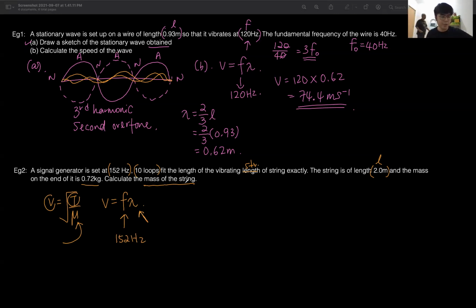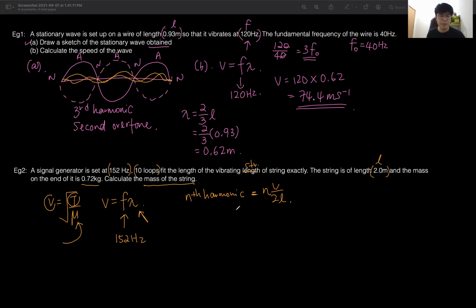So we can use the formula for the nth harmonic, f equals n V over 2L. For the 10th harmonic it is 10 times the fundamental frequency.